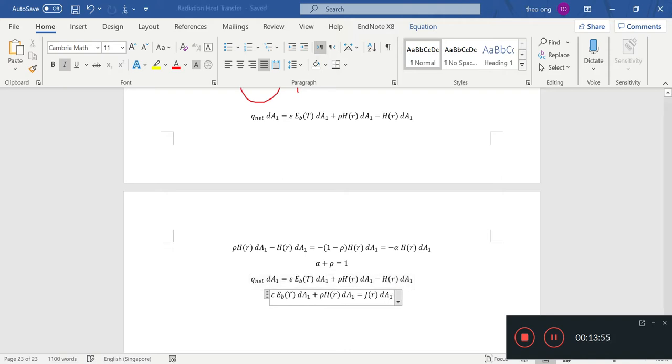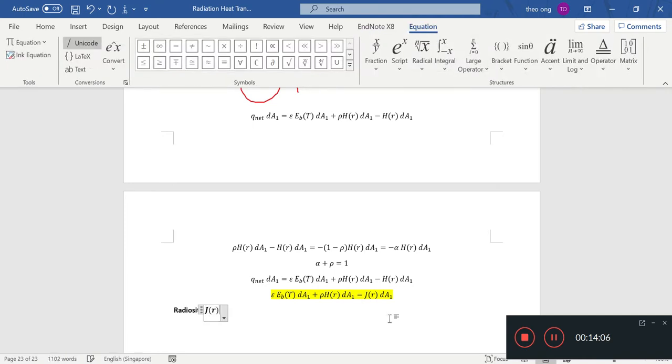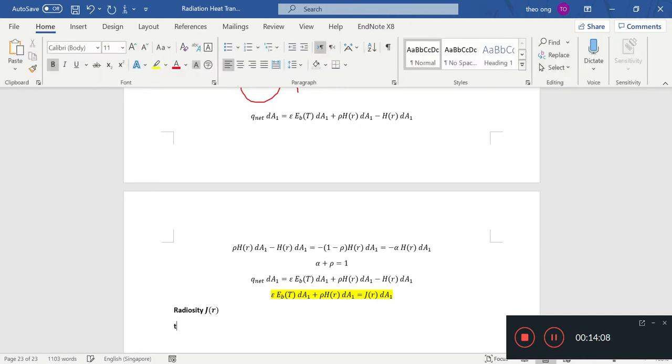Okay, and this is very important. Radiosity, JR. I'll just write here, this is the combined emitted and reflected radiation coming off a surface.